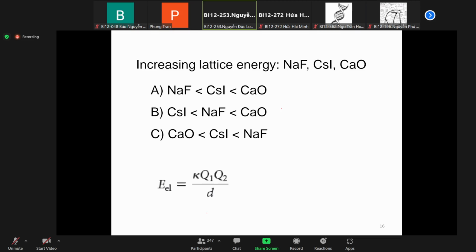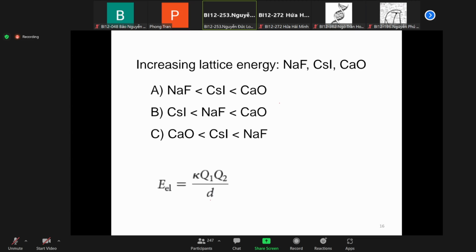Professor? Yep. When you talk about the lattice energy of calcium oxide, what if the radius of calcium and oxygen is so large that it makes the lattice energy smaller? Yes, good question. But you see that Q1 Q2 for calcium oxide is already 4 times higher than Q1 Q2 of sodium fluoride, right?